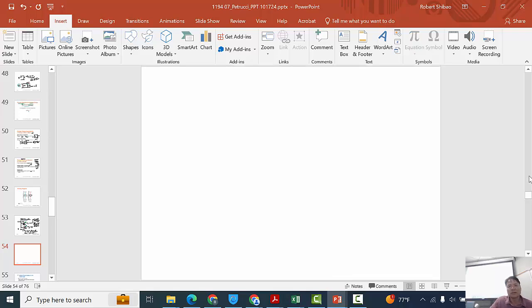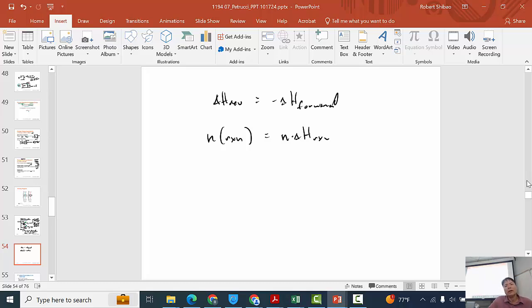There are certain things with Hess's law. Delta H of the reverse is equal to minus delta H of the forward. And if we do n times the reaction, let's say we double or triple the number of moles, then we'll have to do n times delta H for that reaction. There's another variation of Hess's law, and this is Hess's law using standard formation reactions.